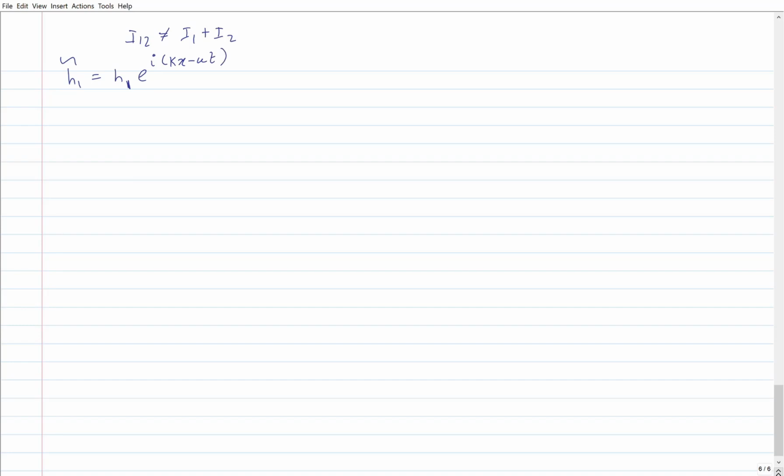This was when slit 1 was open, and similarly for slit 2, in the case of slit 2 open, this was a similar sort of a thing, with some phase factor relative to the previous case.